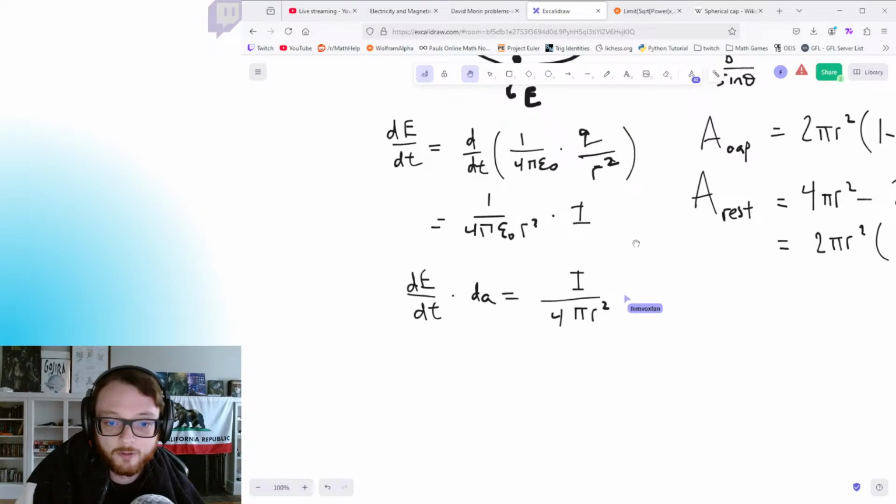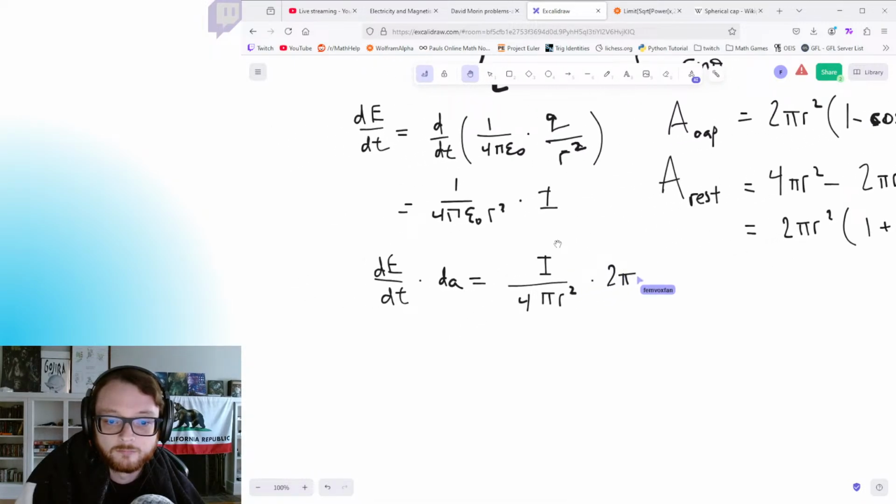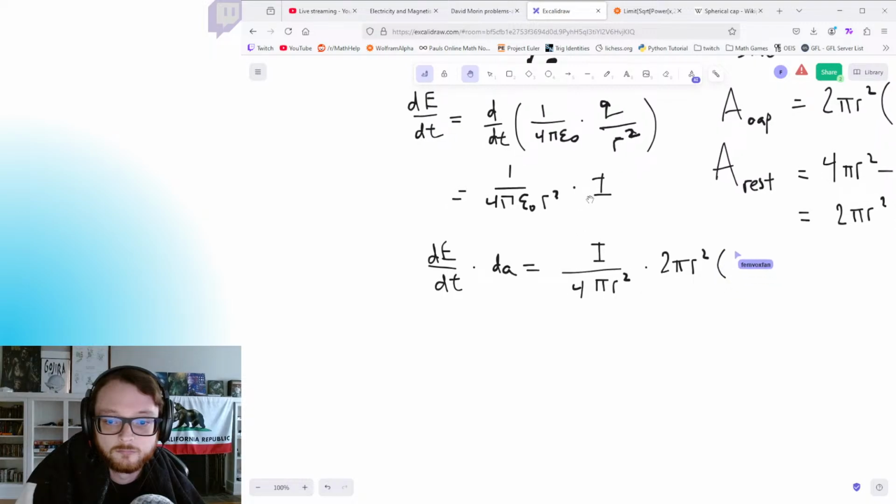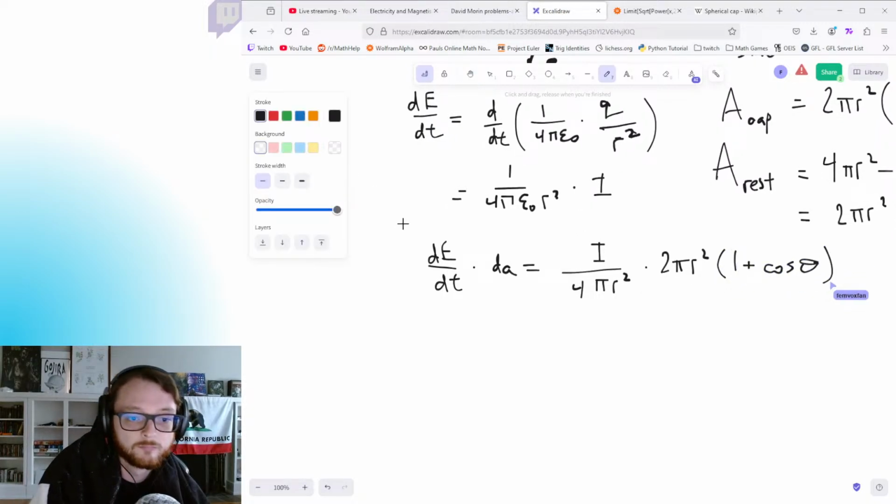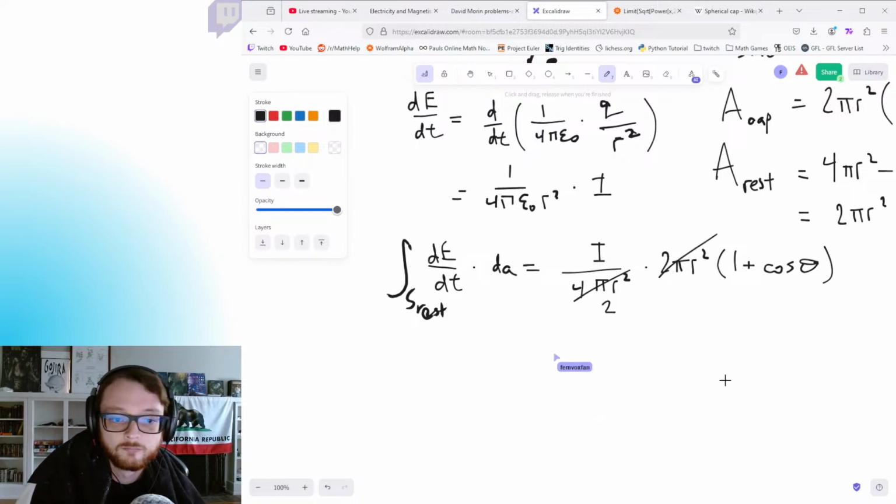Yeah, I think it's the same r. Times 2 pi r squared times 1 plus cos theta. So this just gives me a 2 down here. So it's 1/2 I times 1 plus cos theta.